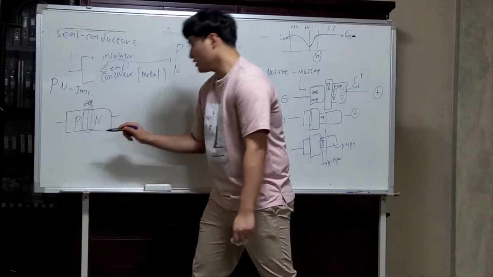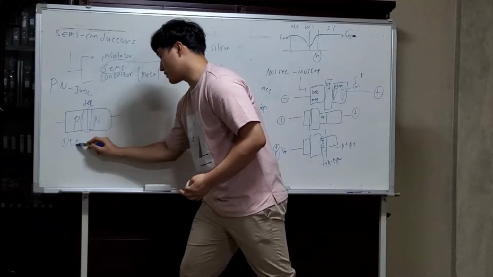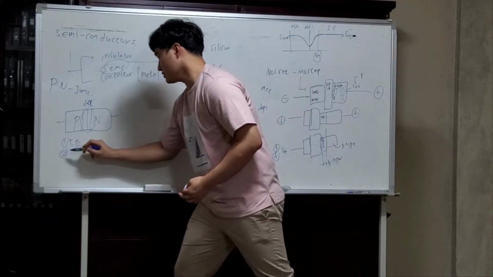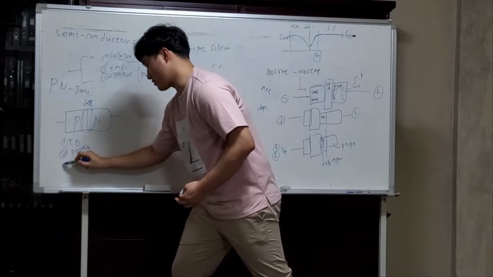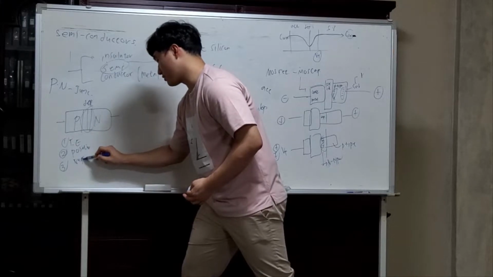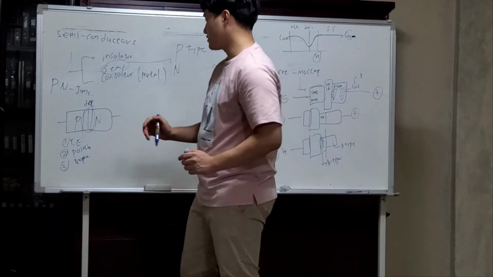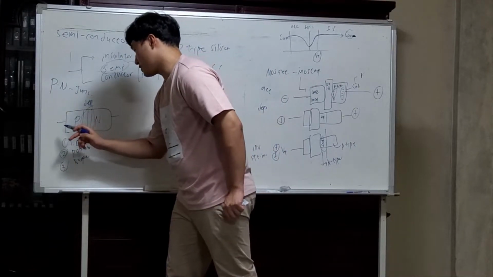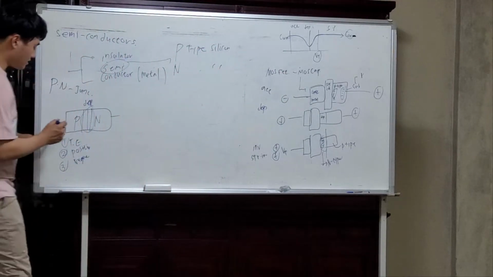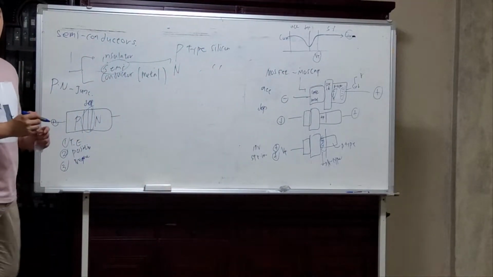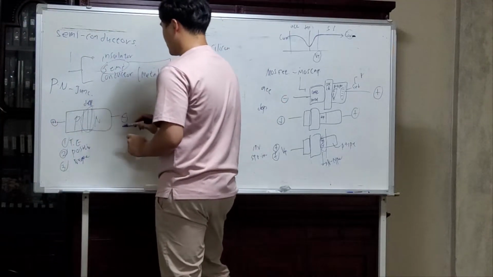So there are three conditions: first, thermal equilibrium; second, positive or forward bias; and third, negative or reverse bias. For forward bias, we apply a positive voltage to the P-type side and a negative voltage to the N-type side.